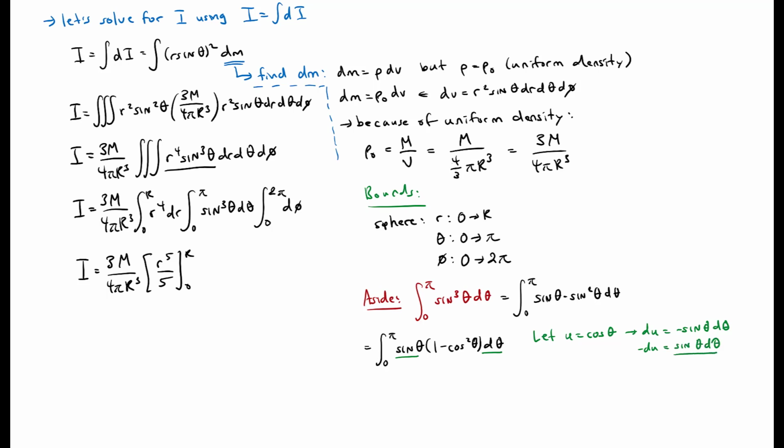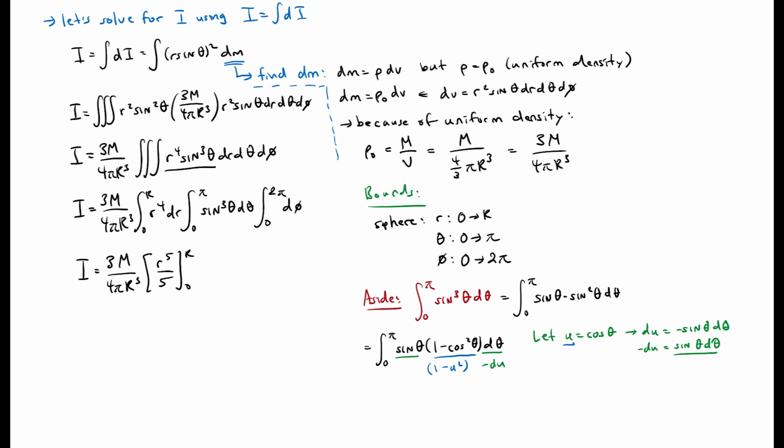We have exactly this over here. So we're going to replace everything underlined in green by negative du. Afterwards, we have 1 minus cos squared theta, but cos theta is equal to u, so we have 1 minus u squared.